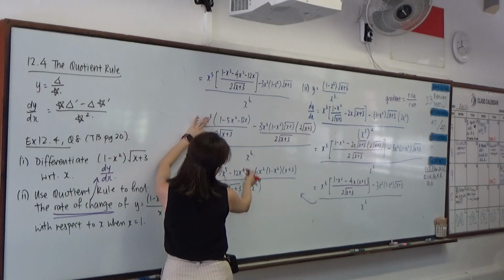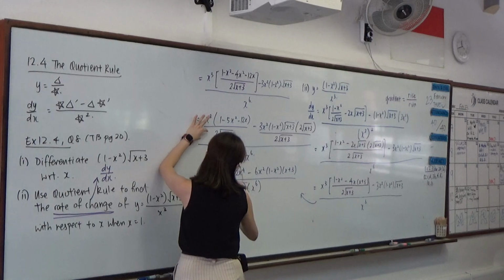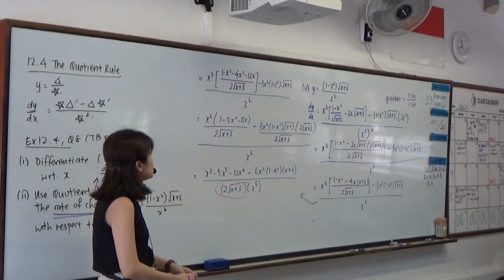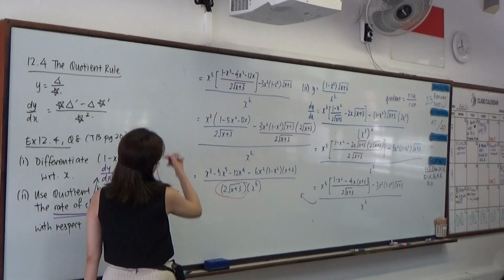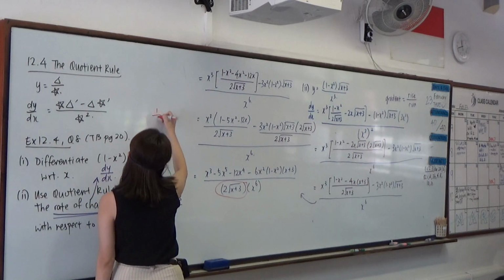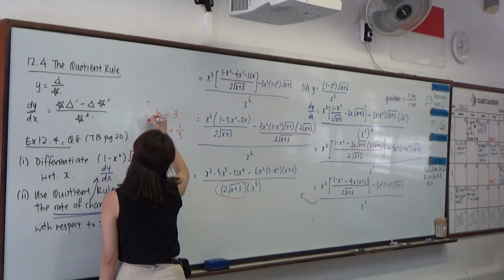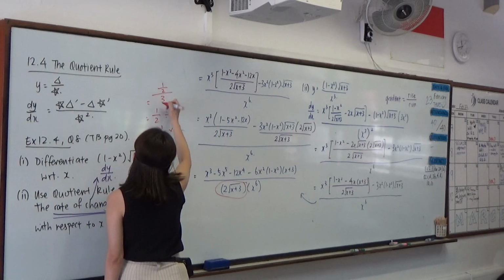So I could actually just bring that denominator down into the main fraction's denominator. I addressed it the other time round, whereby we know that half divided by 3 is the same as half times 1/3.